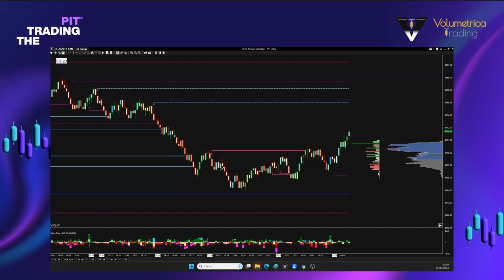Ideally, that's another important piece of information, because wherever we have a shadow, that's the opposite extreme to the extreme the candle has closed towards.